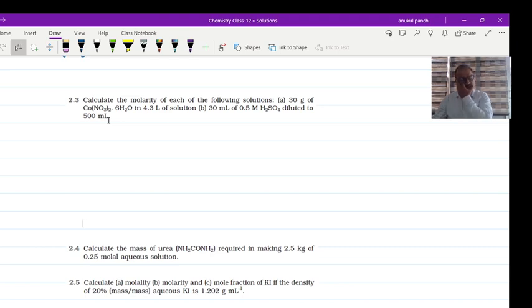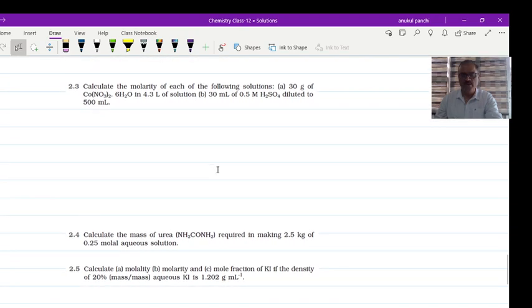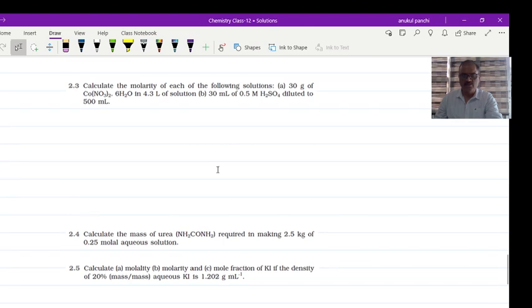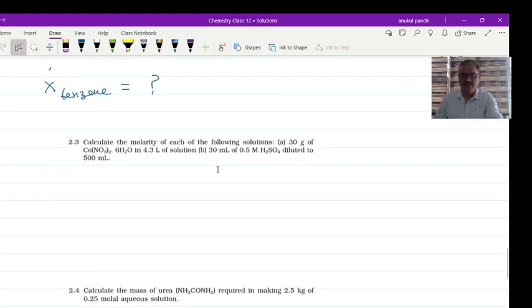Okay. Here you will require molecular mass also, and in this case the mass of cobalt is 59. Note it down. And nitrogen mass 14, oxygen 16. In this case, sulfuric acid, its molecular mass, you can solve it, I think. Only the mass of cobalt is required, that I write here.